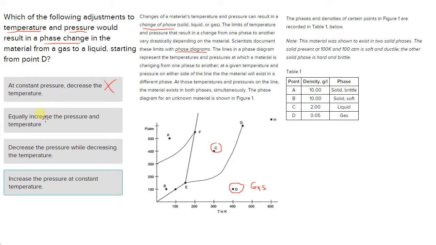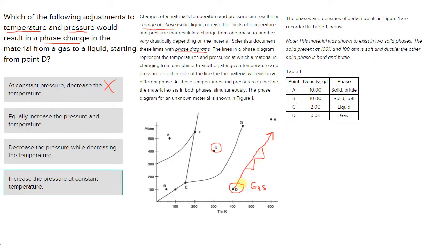Next, answer choice B, equally increase the pressure and temperature. If we increase the temperature and pressure in an equal amount, it would go upwards and to the right, because as we go up 100 Kelvin, we go up 100 atmospheres.